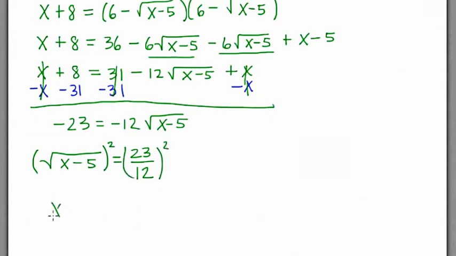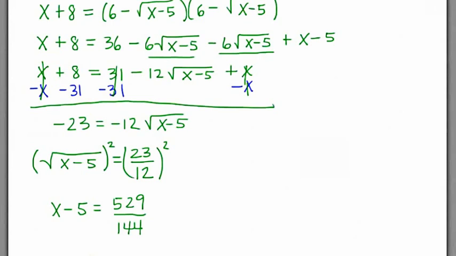And now I get x minus 5 is equal to 529 over 144. And you could use a calculator for that if you need to. And now I'm going to add 5 to both sides. So x is equal to 529 over 144 plus 5.